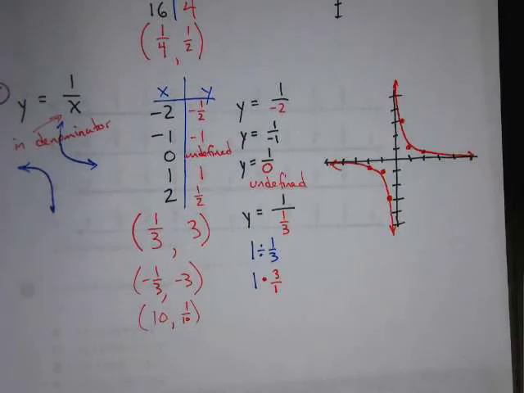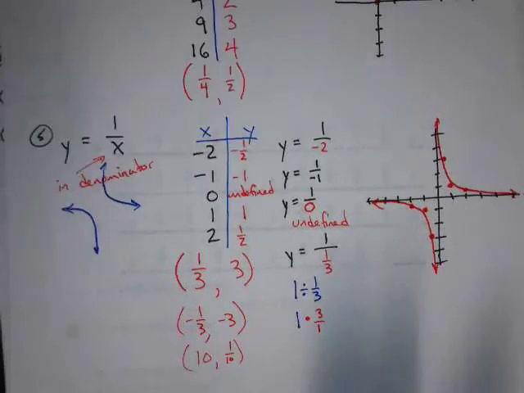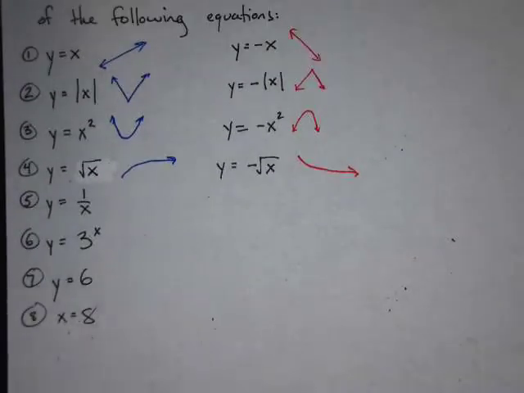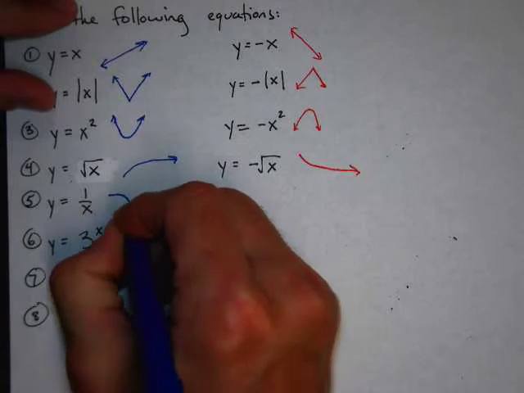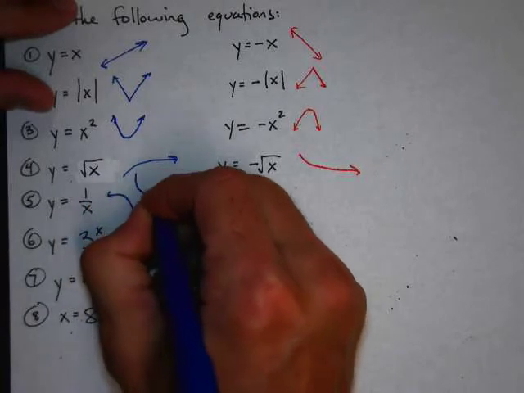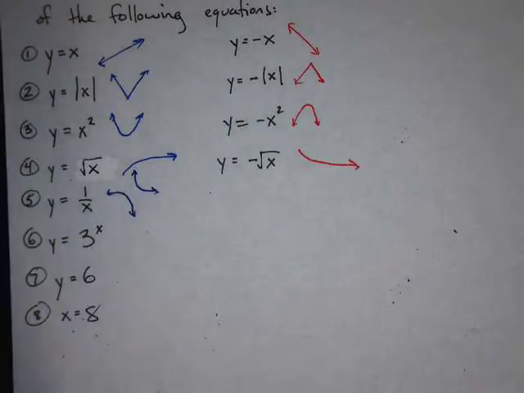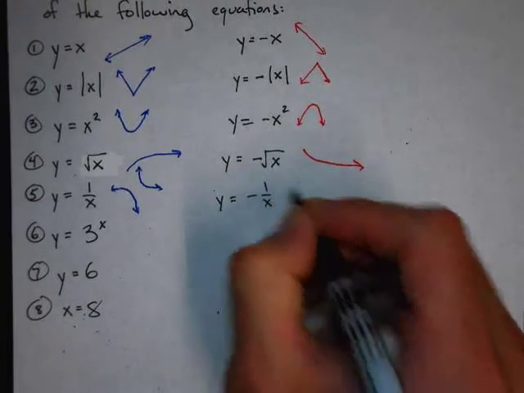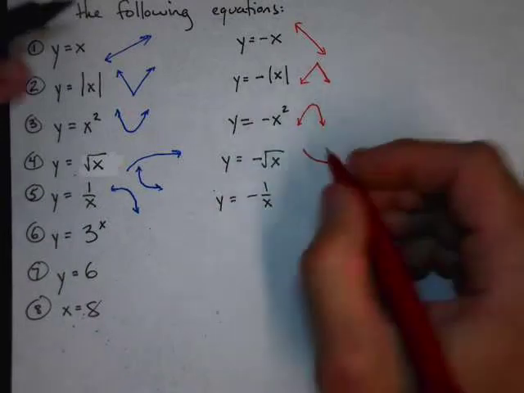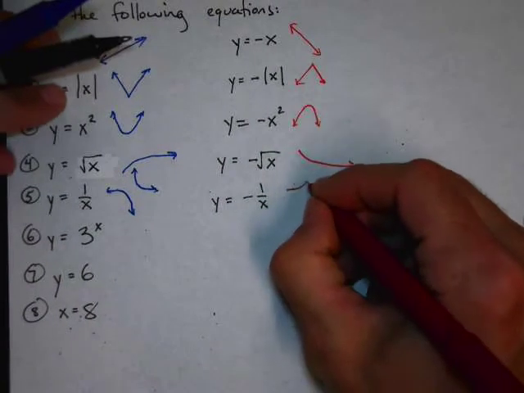So if I have y equals 1/x, that's what the picture is going to look like. And now I have studied that. And by the same token, if I call that a negative, y equals negative 1/x, it's going to be quite the flipperoo.